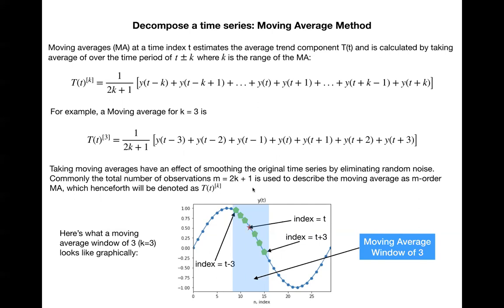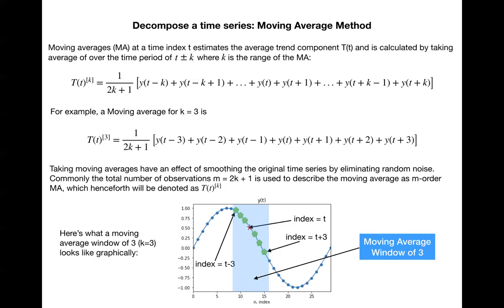So this is an order of 3, a moving window of 3. I'm taking 3 elements on the right-hand side and 3 on the left-hand side, taking the average of them, and that gives me 1 data point. This is the moving window of doing the moving average. Then I move this star to the next one, and I get another average in this way, right?